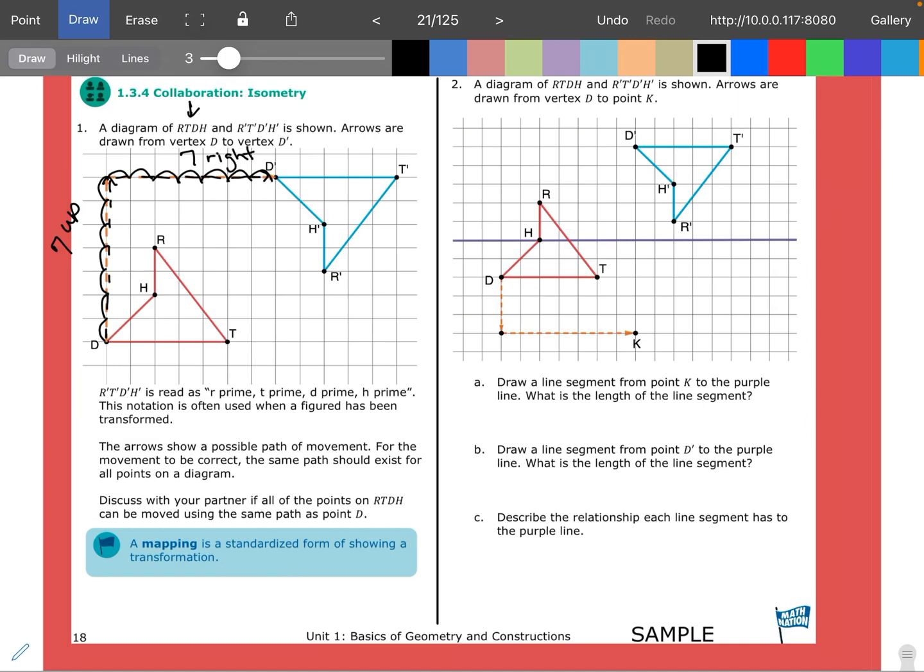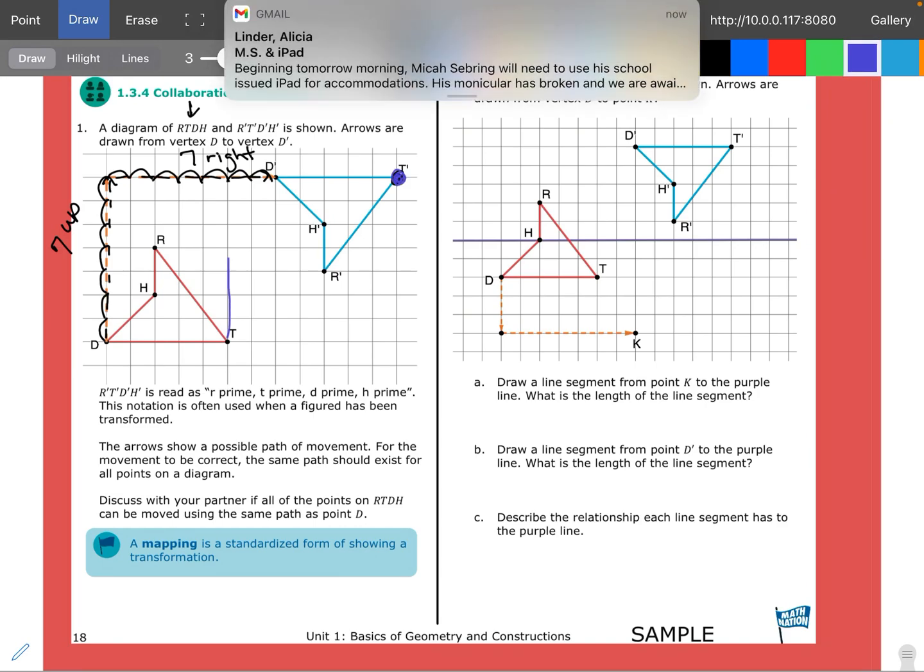Okay, so the question is asking, the arrows is a possible path of movement. If I move every single vertex, will it map on top of its corresponding vertex? Let's see, if I move T up 7 and then to the right 7, will it map over here? If you count it out, yes it does.